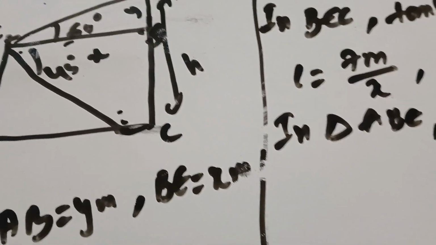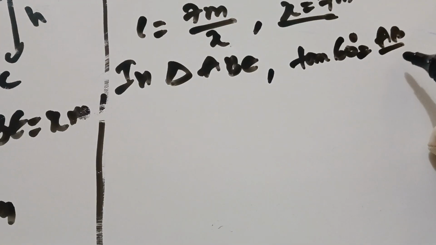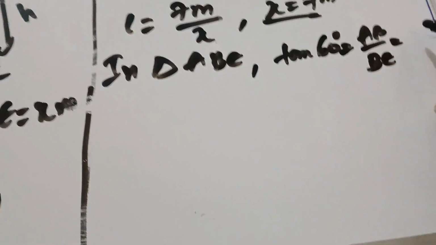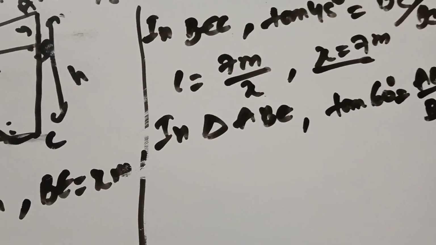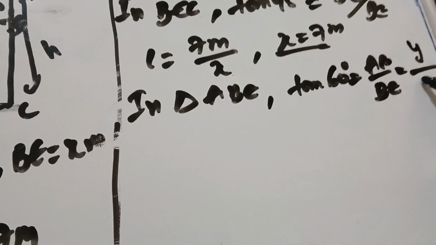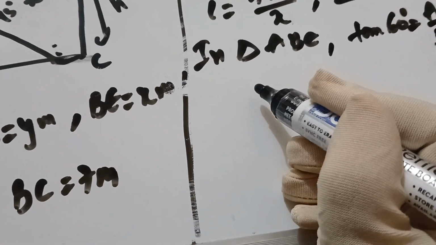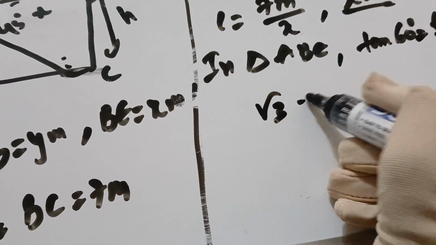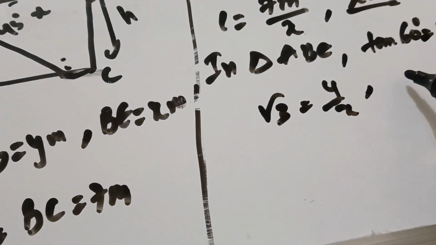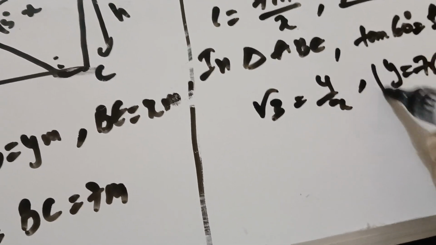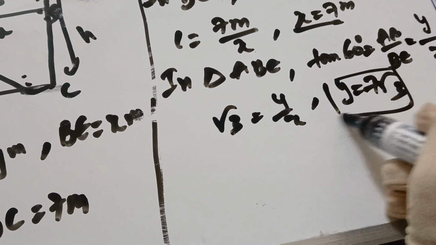Here AB we have supposed as Y and BE is X. What is the tan 60 value? Can anybody say? Yes, root 3 is equal to Y by X. We know the X value is 7, so we substitute here. So Y is equal to 7 root 3.